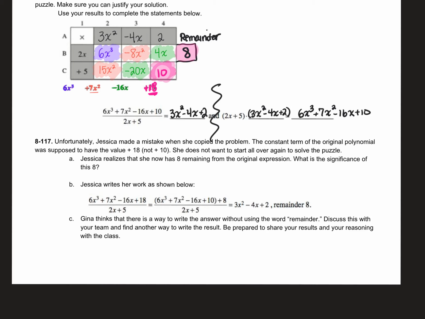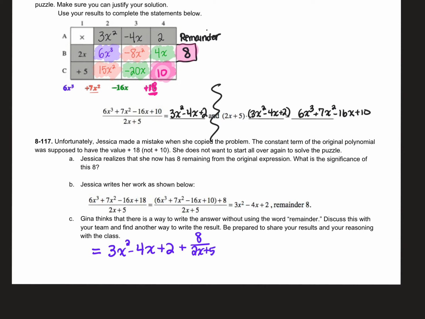Okay, now, if you look down below here, she wrote her work and used this same process from up here. She rewrote it, but she has this remainder of 8. Now, to do that without writing the word remainder, what we can do is say, okay, I'm not going to rewrite the fraction again, but what it's equal to is 3x squared minus 4x plus 2, and then plus 8 over 2x plus 5.